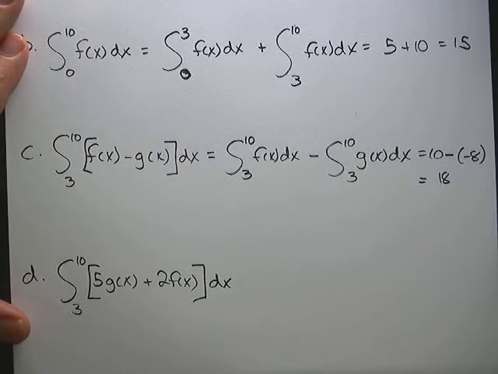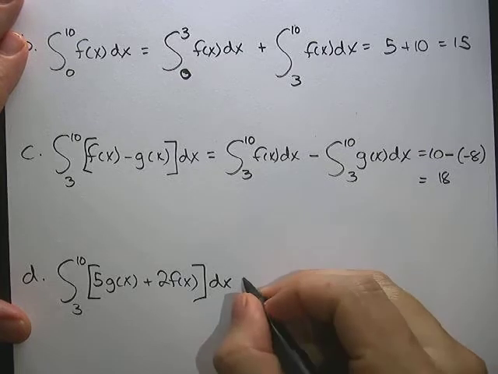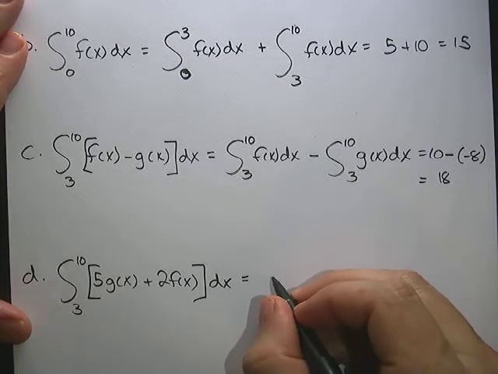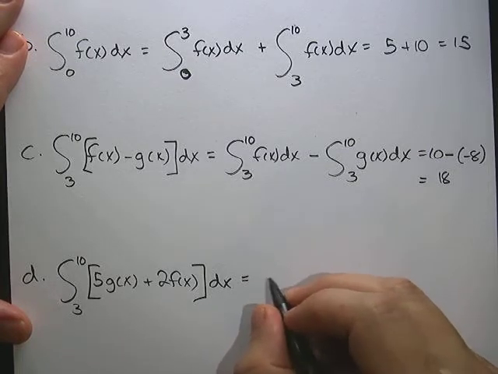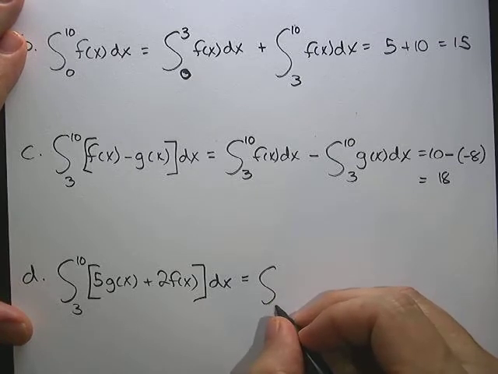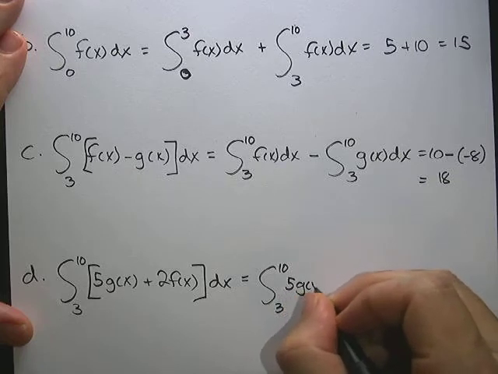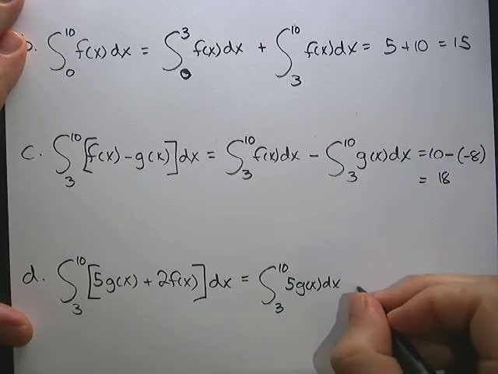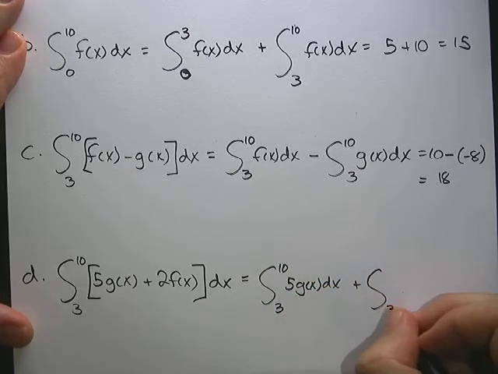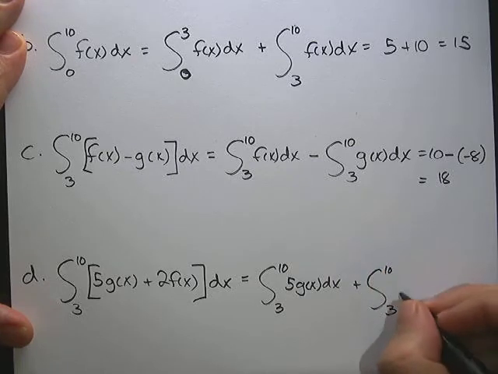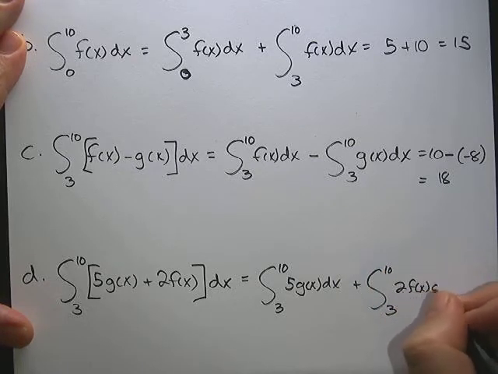We have the integral from 3 to 10 of 5 times g of x plus 2 times f of x dx, all in brackets. I'm going to split this up in 2 steps. So we have the integral from 3 to 10 of 5 g of x dx plus the integral from 3 to 10 of 2 f of x dx.